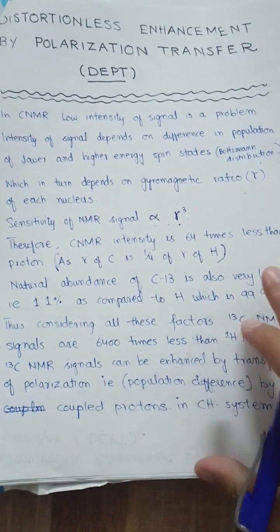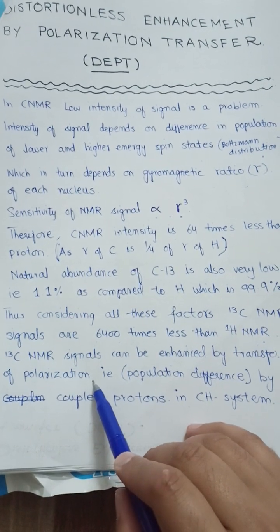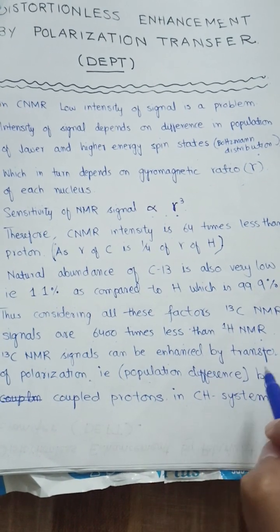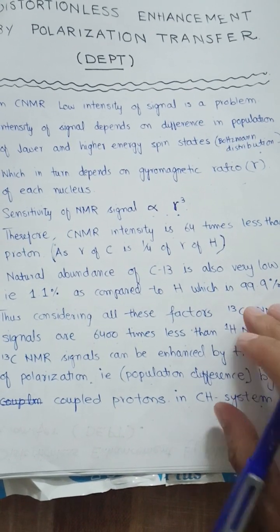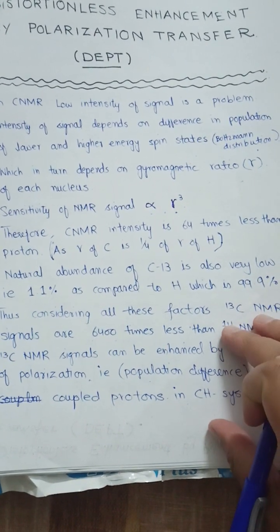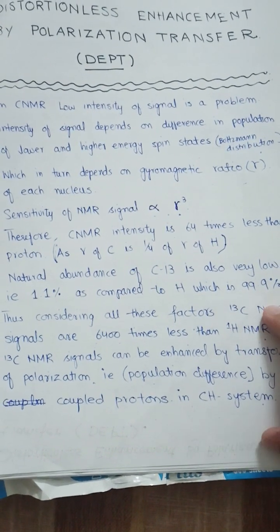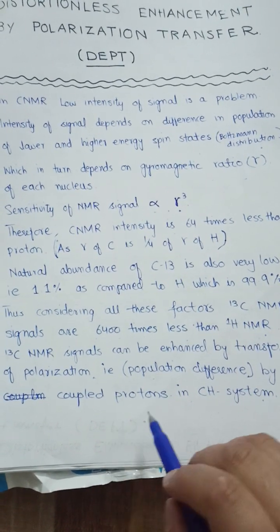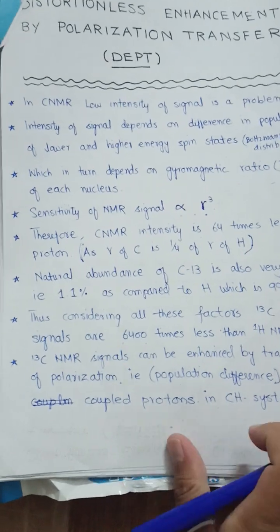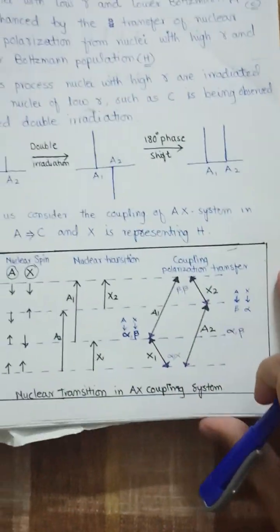So for carbon 13 NMR, signals can be enhanced by transfer of polarization, that is population difference, from the coupled proton in a CH system. So we can enhance the population, or Boltzmann distribution, by polarization transfer, or we can polarize the nuclei with protons. So the proton coupled with carbon will enhance the signals. In this way we will get enhanced signals.